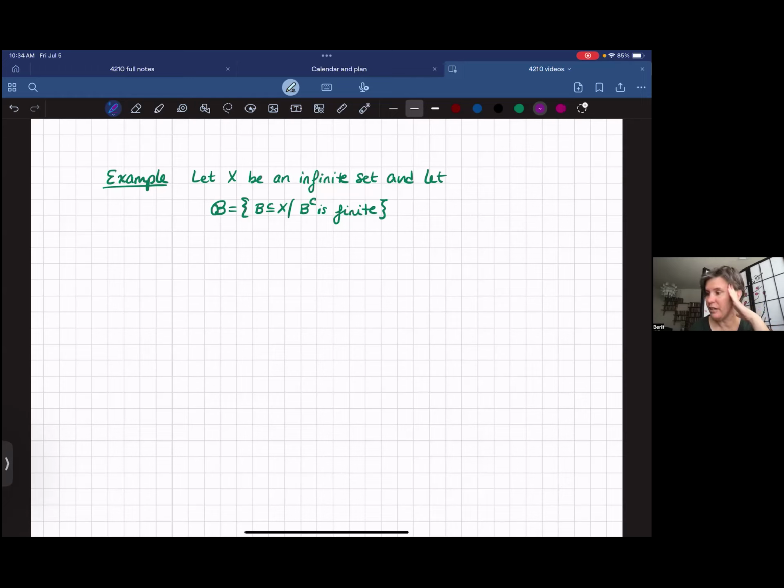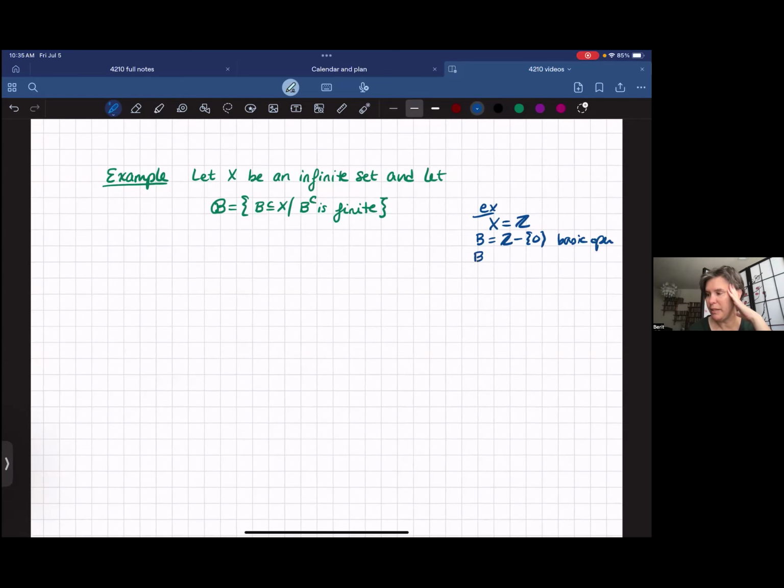So let's think about just kind of for some intuition. For example, if X were equal to the integers, capital B being the integers minus the point 0 would be basic open. Or if capital B were something like the integers minus {1, 2, 3}, that would be basic open.